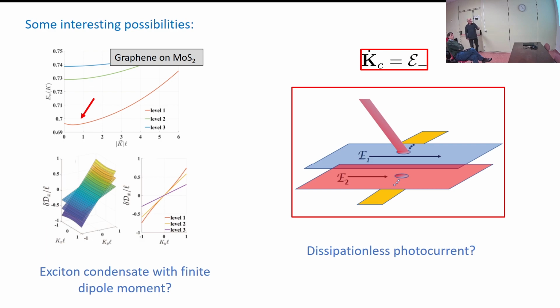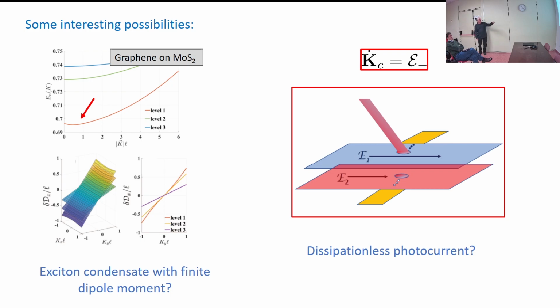So that's an interesting situation to consider, exciton condensation, right? If you can make a lot of excitons in this kind of structure, maybe you can get condensation into a finite momentum. So, for example, could this kind of condensate end up having a macroscopic dipole moment associated with it, because all the excitons would, in principle, have the same dipole moment.